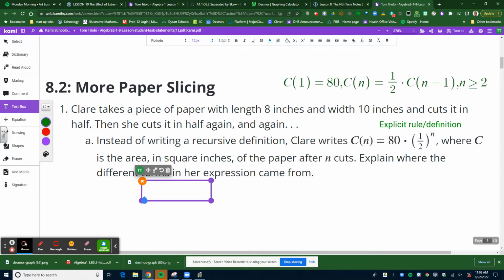So the area of the original piece was 80 inches.